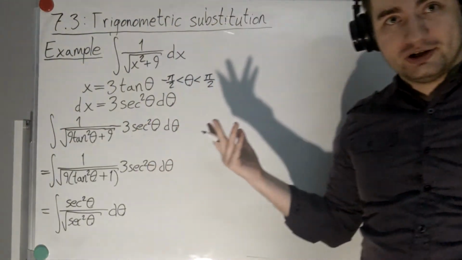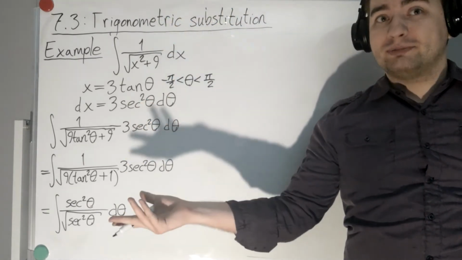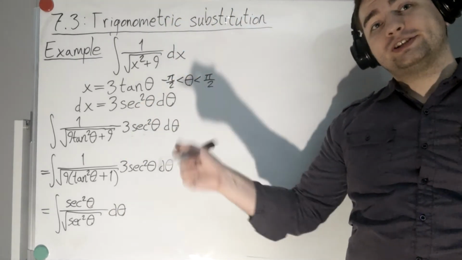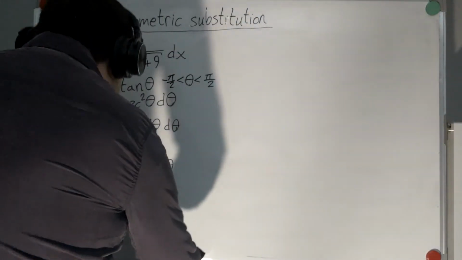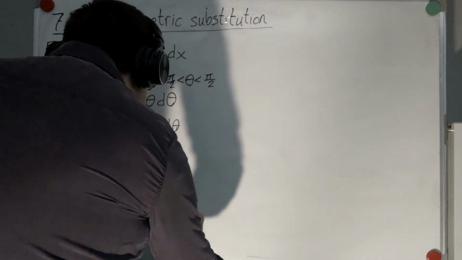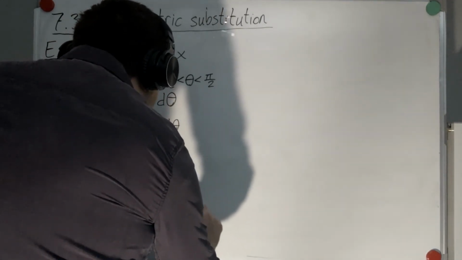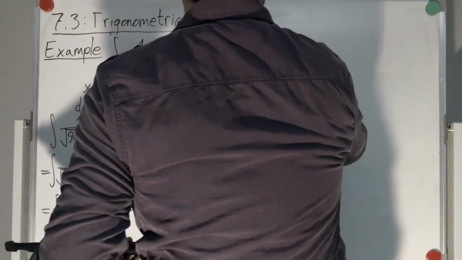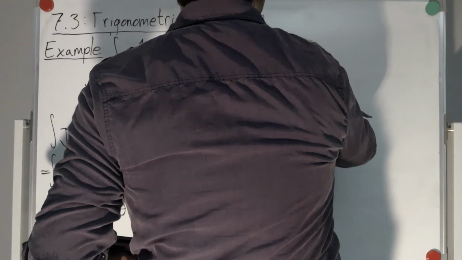And over that region, secant theta is always positive, which means its own absolute value, which means the square root of secant squared is just secant. So this is the same as the integral of secant squared theta divided by secant theta d theta, and of course that's just the same as the integral of secant theta d theta.